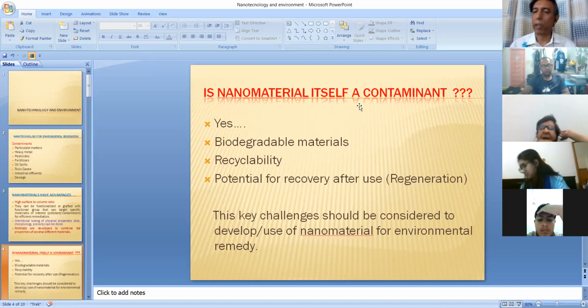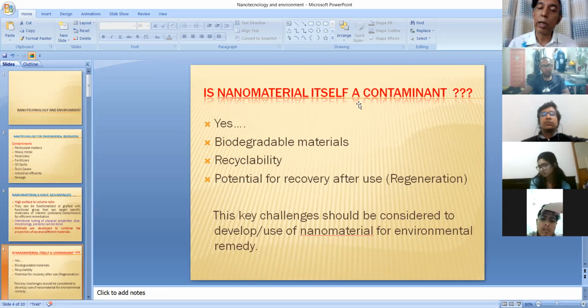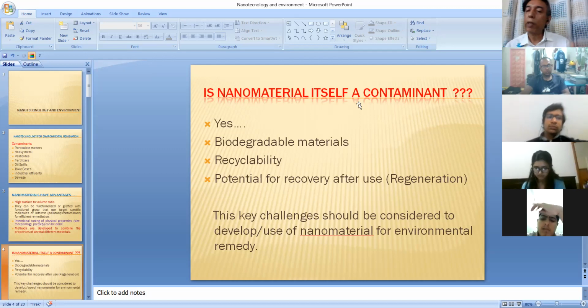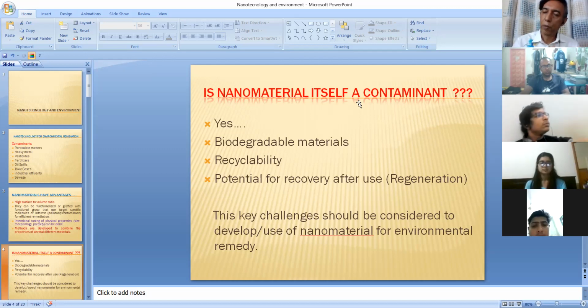We can use nanomaterial that can be recyclable, that can be recovered, that means regeneration. So we cannot use a nanomaterial in the environment as it is.